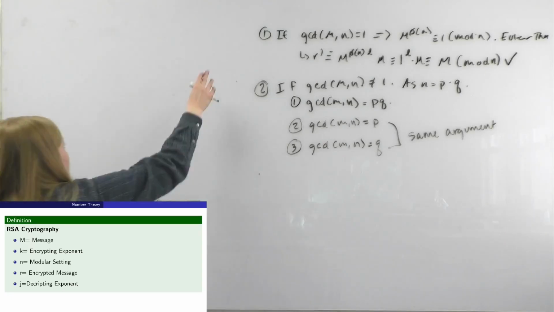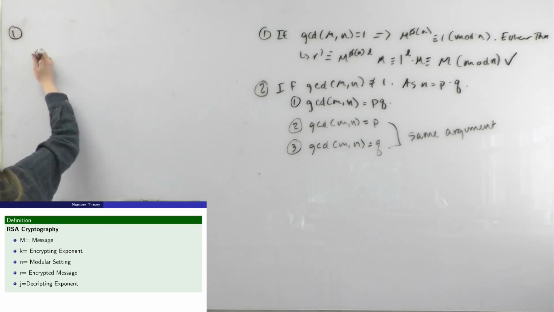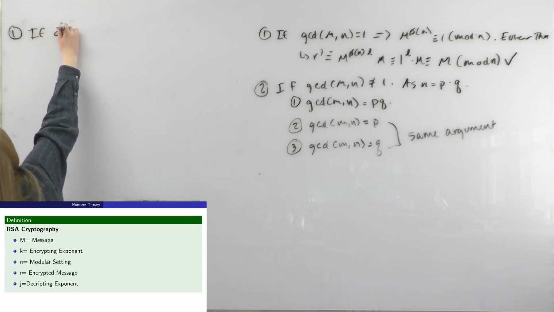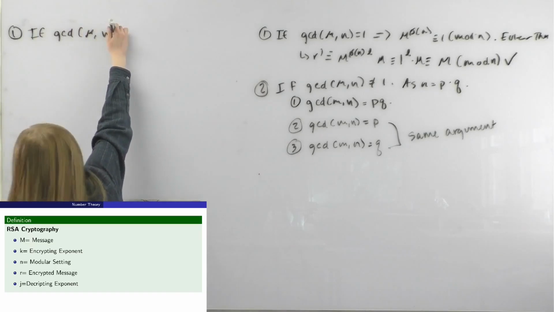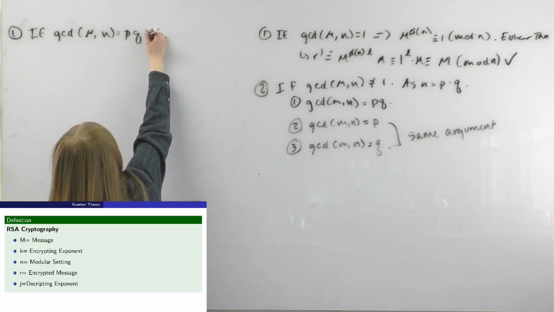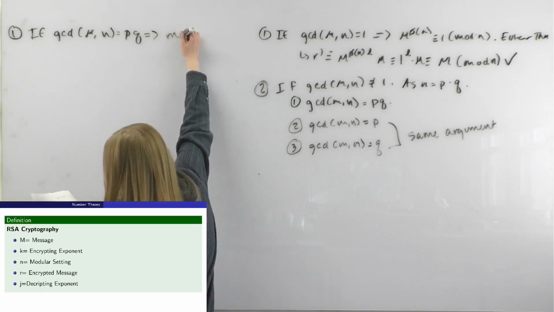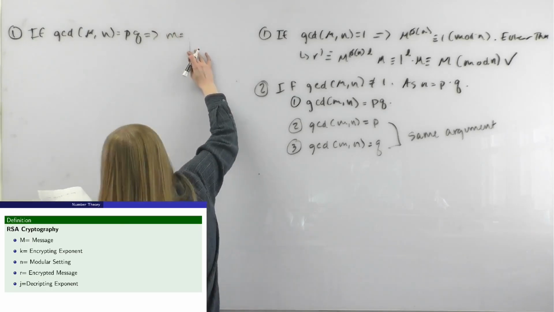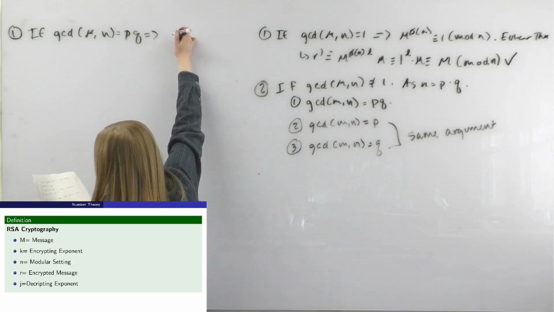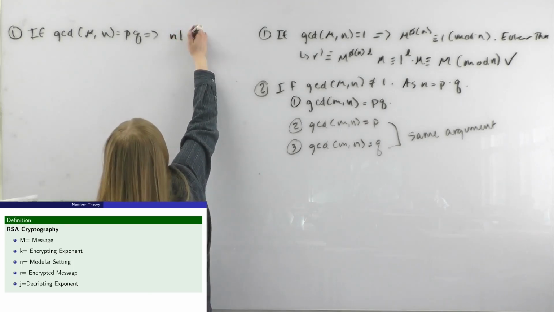Okay. So to prove 1 here, if the GCD of M and N is equal to P times Q, then we just know that N divides M, right?